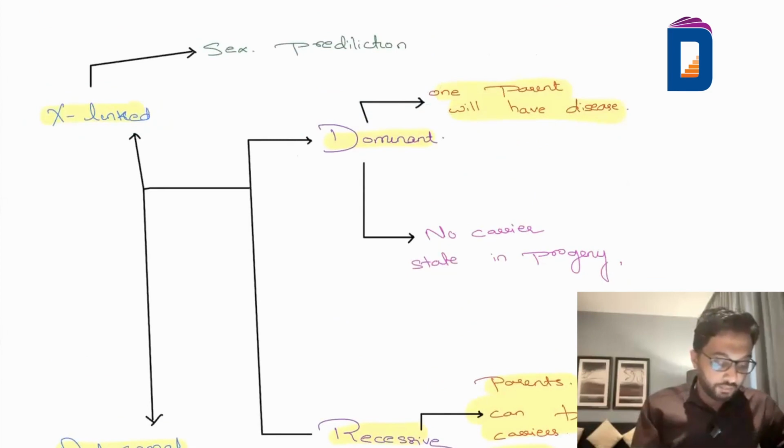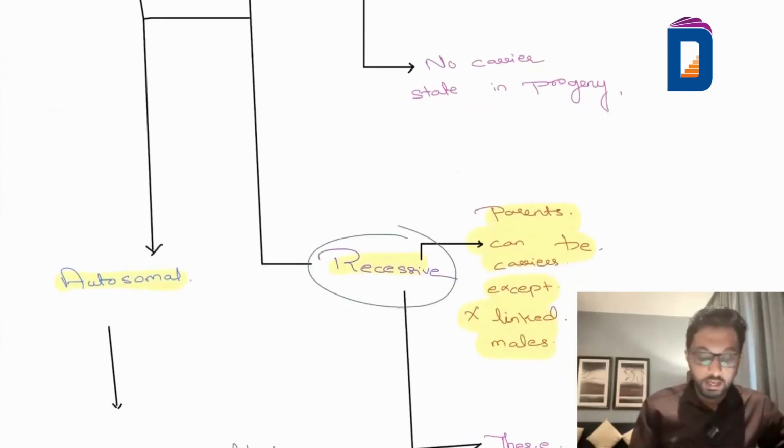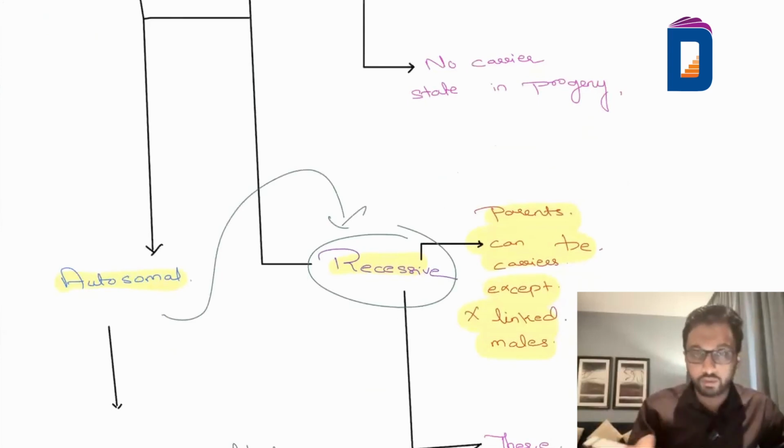But when it comes to X-linked recessive, even if it's recessive, what is normal in recessive? Parents can be carriers, male or female, in autosomal recessive.